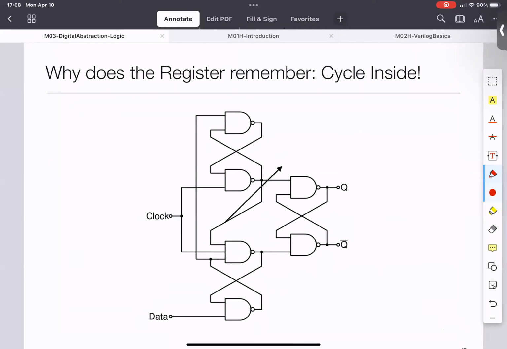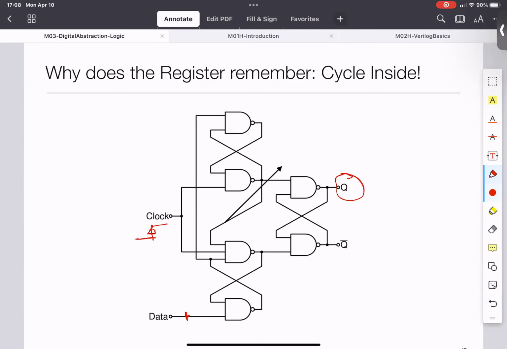This is an example circuit of a 1-bit register with a clock edge. I will not go into why it works, but at a rising edge of the clock, it will behave the way I described. That is, it will remember what was in the data, and this output Q behaves like that.